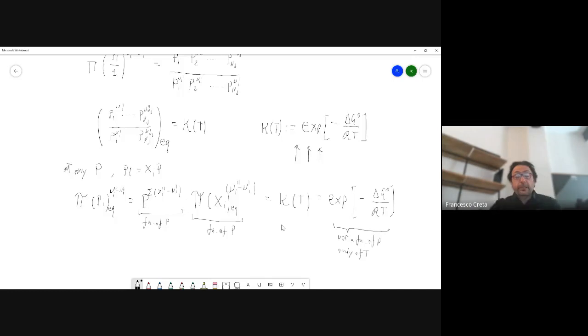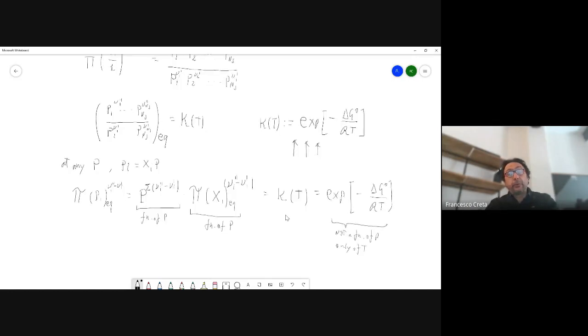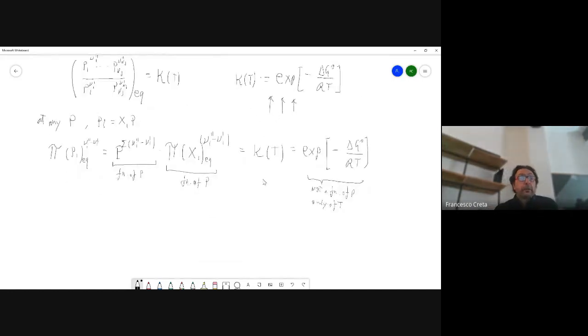There is a particular case. If you look at this expression, what if the exponent of the pressure is zero? It could be zero, and there is no reason why it shouldn't.